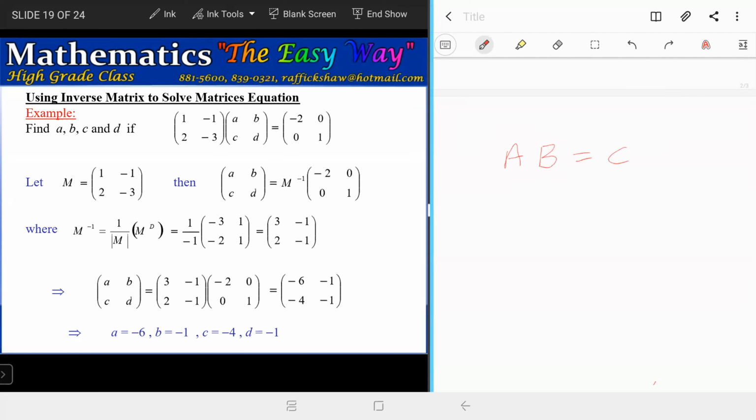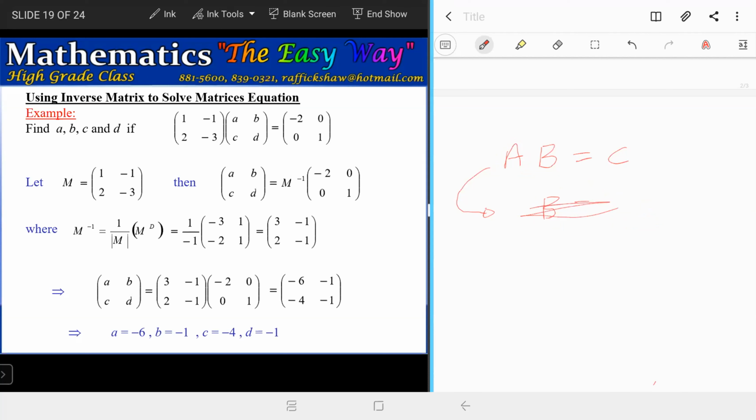Then a simple matrix transposition is that this matrix B that you don't know will be equal to the inverse of matrix A times the matrix C. And so you have to calculate the inverse of this matrix to use it here. And when you work out this side, you will know what the values of B are. It's as simple as that, and it's not complicated, believe me. It is using the inverse matrix to solve the equation. All right? Simple as that.